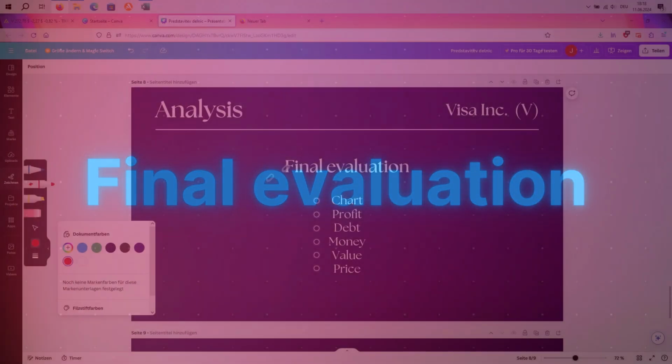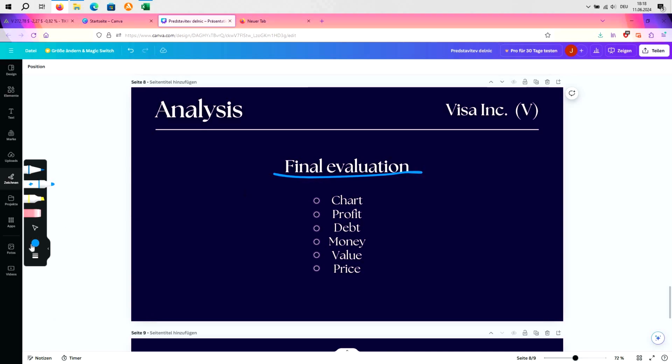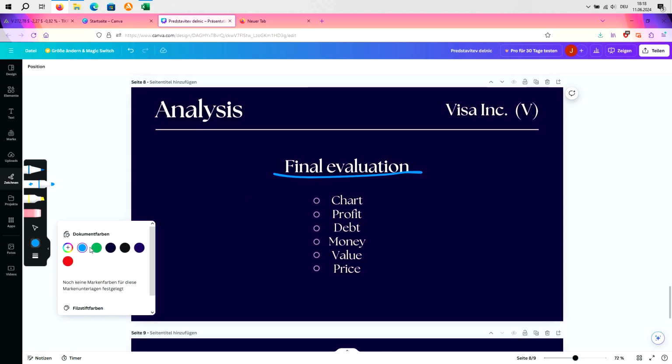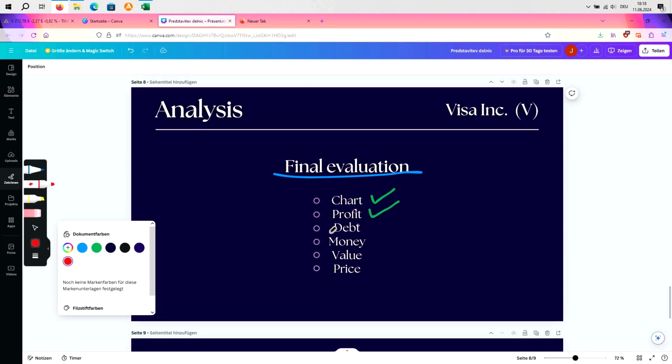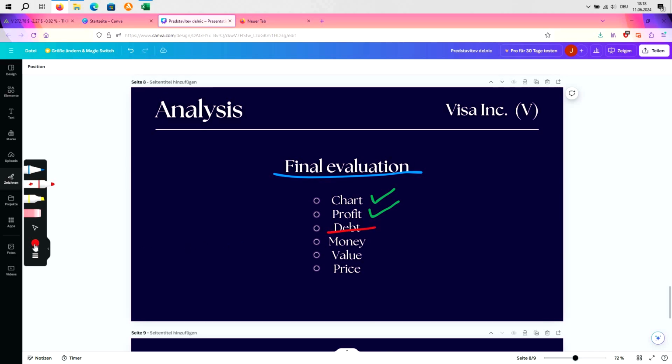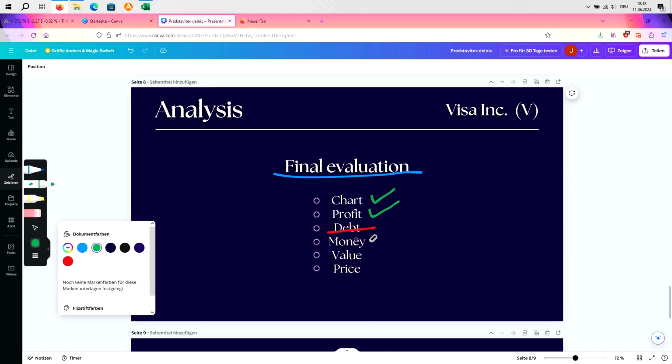And now we come to the final evaluation, as you can see right now here in the title. So let's quickly summarize the data and then decide whether we should also buy or sell the stock, okay? So chart, as you see, it's growing. It has an absolute amazing growth, profit also. Debt is unfortunately increasing, so that's not a good thing. Money is absolutely amazing, bro.